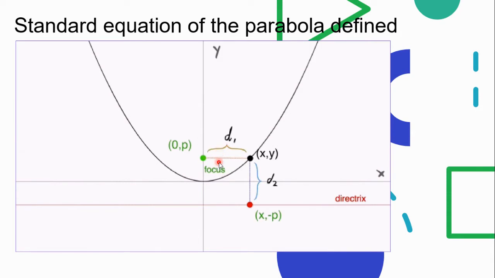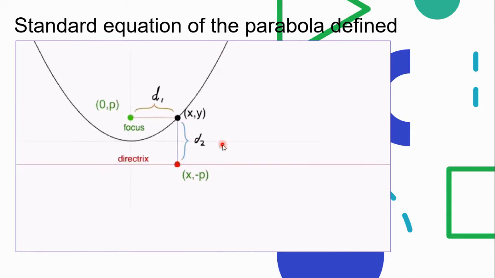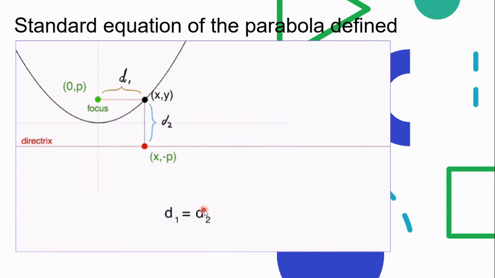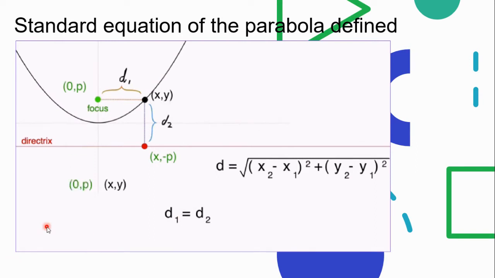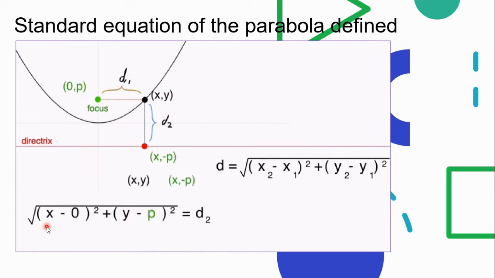Okay. So, i-assume nato nga si D1 is equal to D2 based on the definition of the parabola and using the distance formula, okay, we will equate D1 and D2. Okay, just plug in the values. The D2, we have x, y and x, negative p.